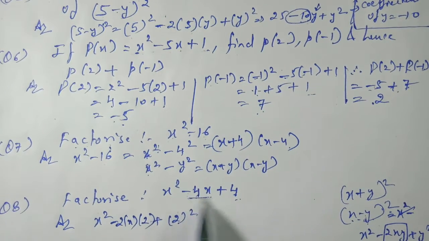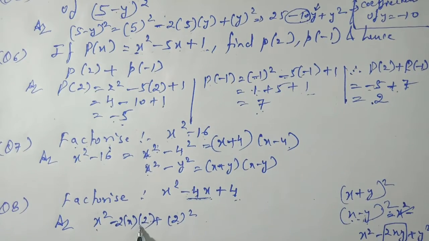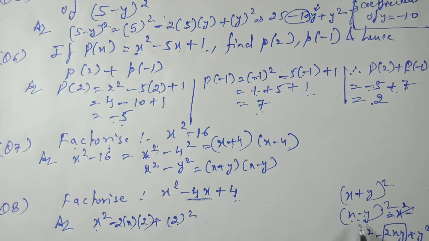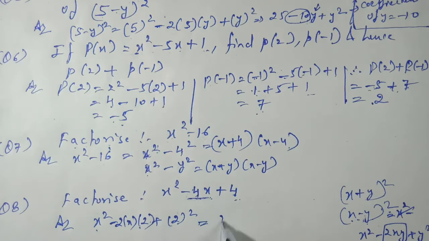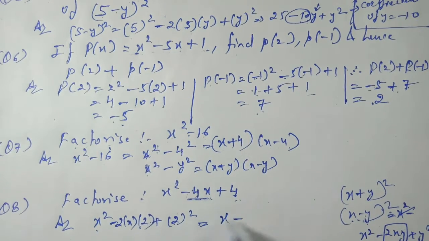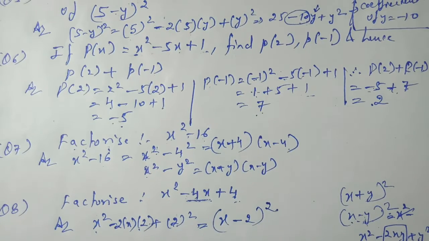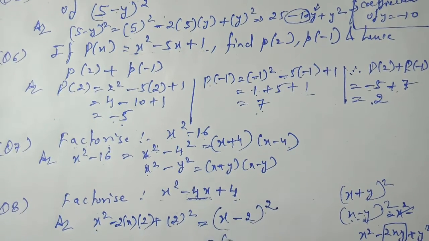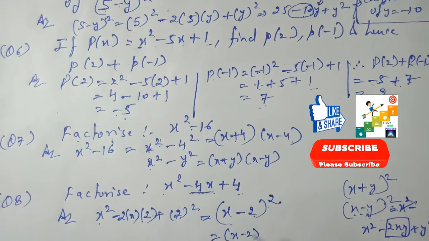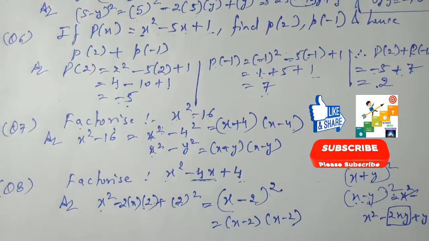So we are getting the correct term. It means it is the right hand side portion of the identity (x minus y) whole square, so our answer will be the left hand side portion: in place of y we have 2, so (x minus 2) whole square. The factor is (x minus 2) whole square, or you can split it and write (x minus 2)(x minus 2).